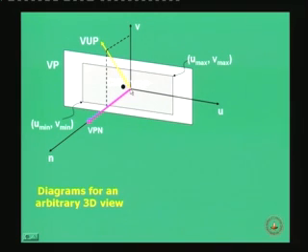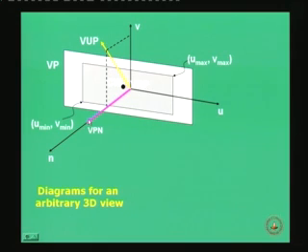VRP is the view reference point, which may not be the center of the window. VRP is the reference coordinate on the projection plane, with respect to which you have the u and the v axis, the 2D coordinate axes on the viewport or the projection plane defined, and of course the n or the VPN, which is nothing but the surface normal to the projection plane.